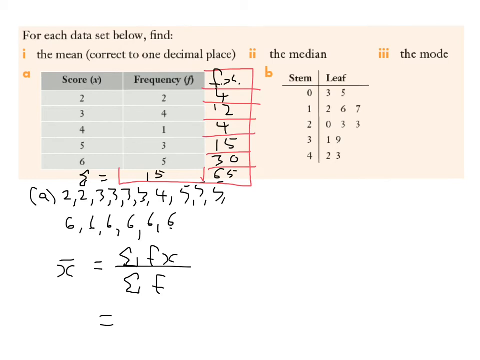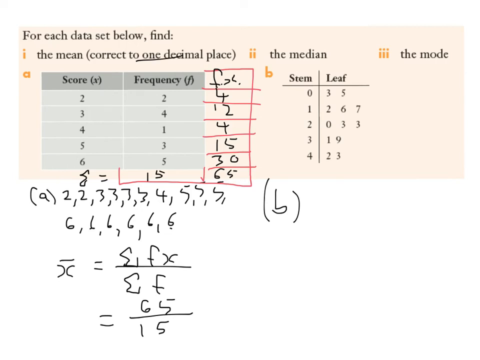Okay, in case you were wondering, sigma of fx is 65. Sigma of f, or the total of the frequencies, is 15, and you need to work that out to 1 decimal place.